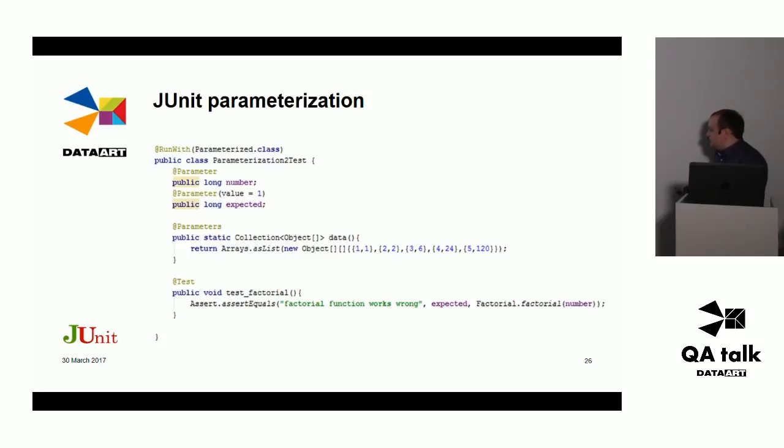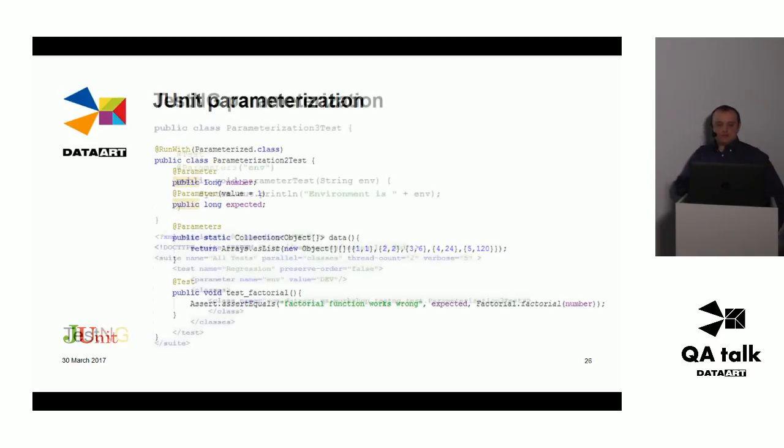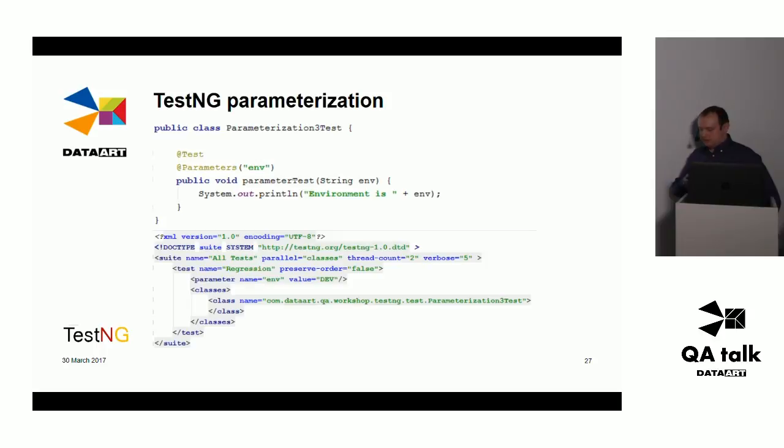And are there possibilities to create in JUnit the same parameterized test as we can create in TestNG? Do you know? No? Okay, let's consider TestNG parameterization. First of all, you can just take your parameter from the TestNG XML.